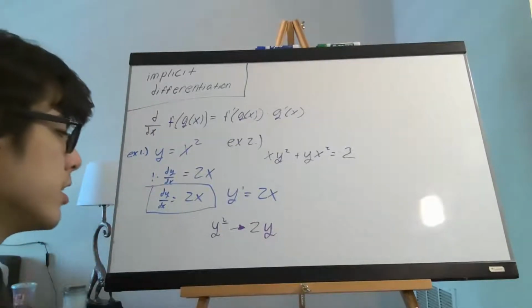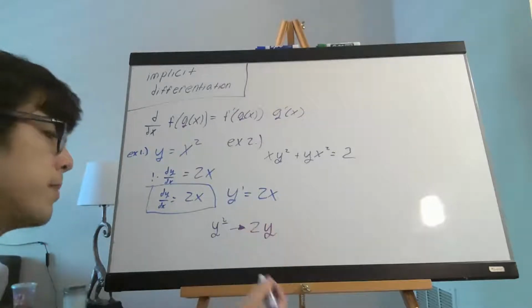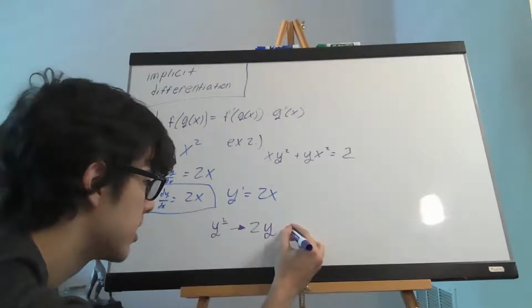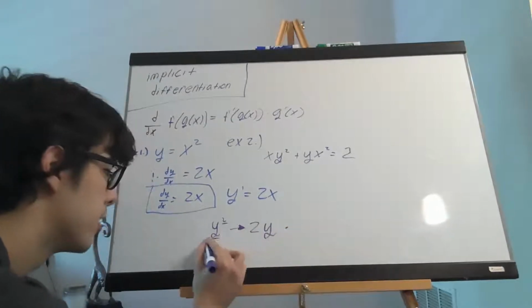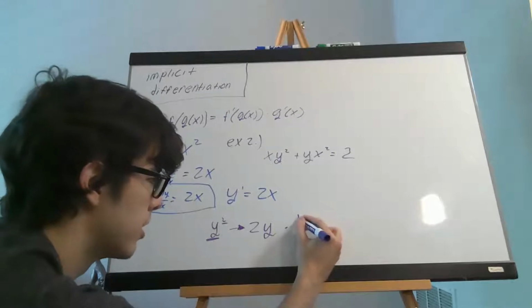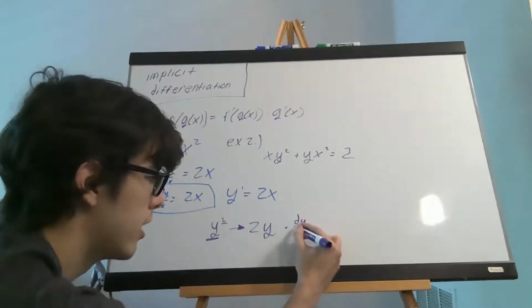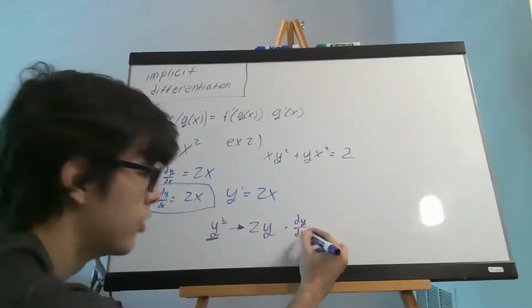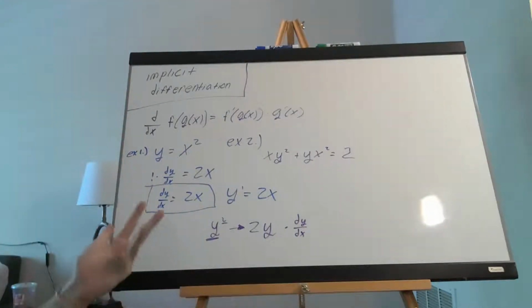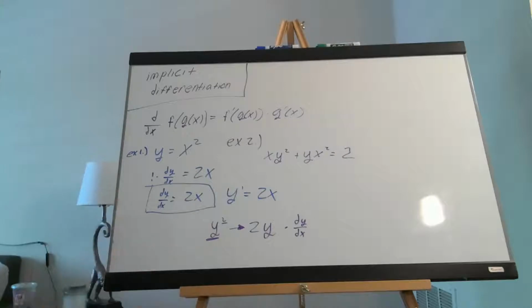So then that's going to be 2 times y, because we're just doing the power rule right there. But then we need to multiply by the derivative of the inside, which is just going to be our y term here. So the derivative of y is going to give us dy/dx.